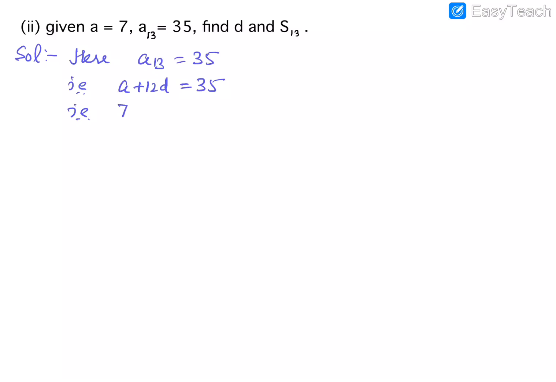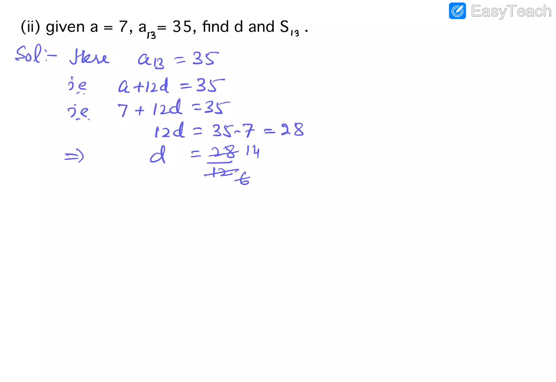Now a is 7, so put 7 in place of a and in this way we have 12d is equal to 28, so d is equal to 28 by 12. This can be cancelled out by 2, then again by 2, that is d is 7 by 3.